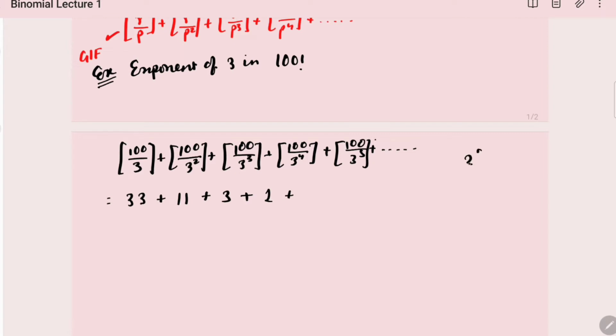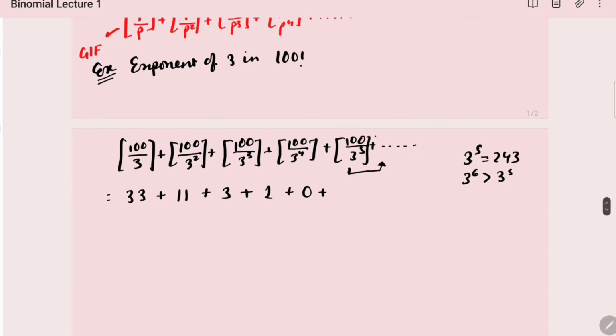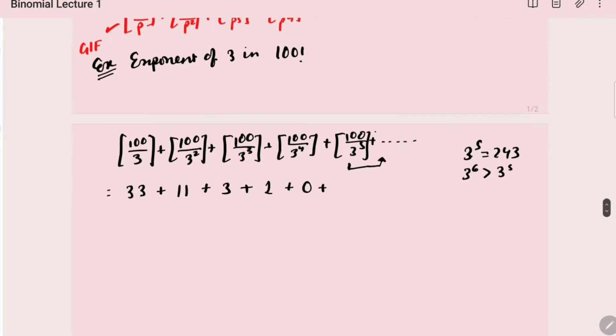Now 3 to the power 5 is 243. So 100 divided by 3 to the power 5 is 0 point something, and the greatest integer function of 0 point something is 0. And 3 to the power 6 is definitely going to be greater than 3 to the power 5. So if you go to further higher exponents of 3, then dividing 100 by those exponents will leave the greatest integer as 0.